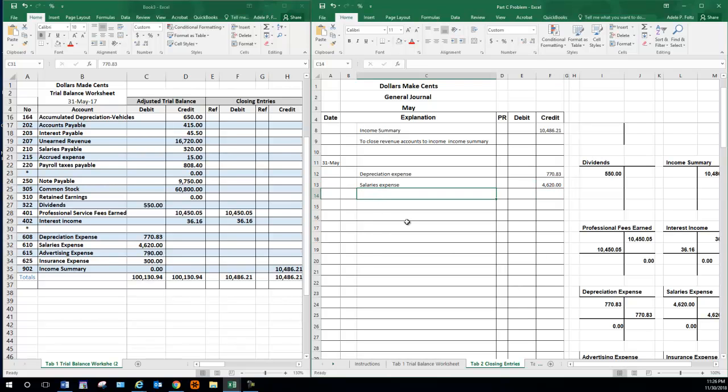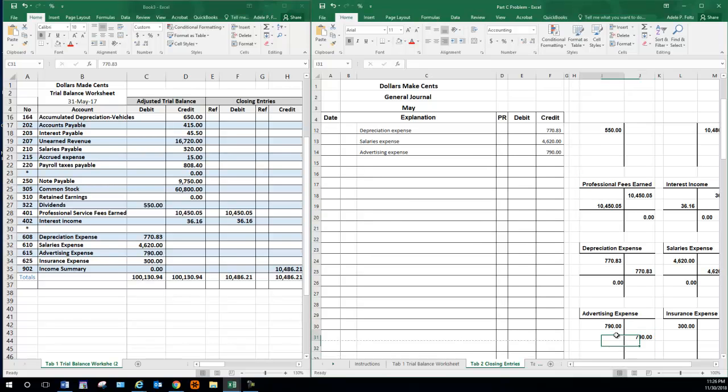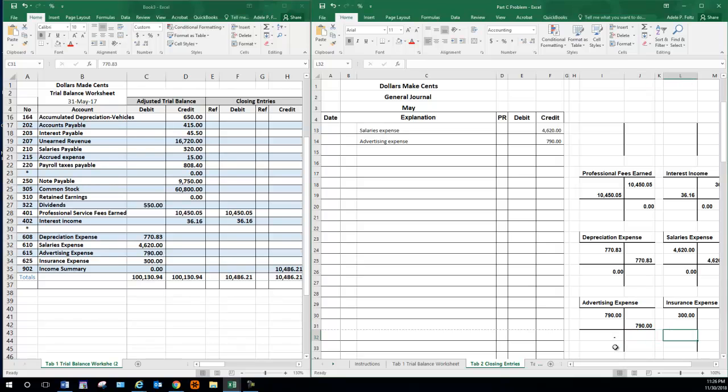I'm going to do the same thing here for our advertising expense and credit it for $790. Where did I get that? From right here. And the balance here is now 0. And we have the same thing over here. Sorry, I should have formatted them before starting this problem.